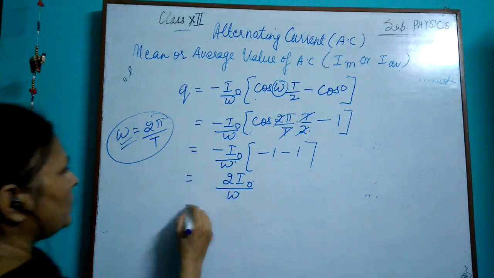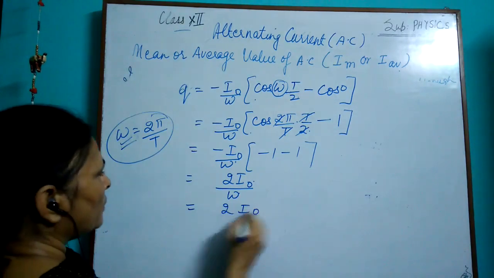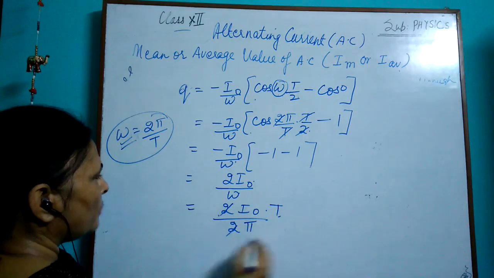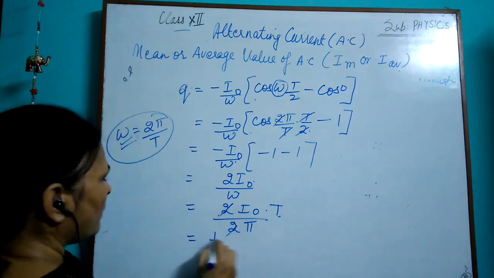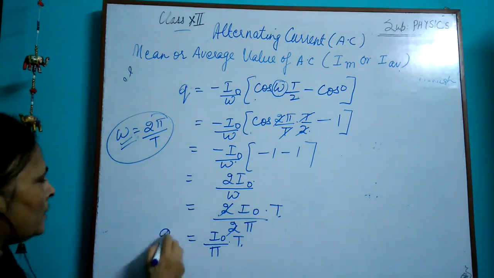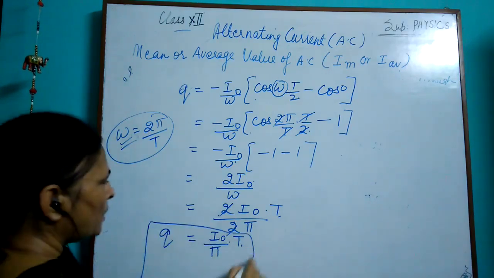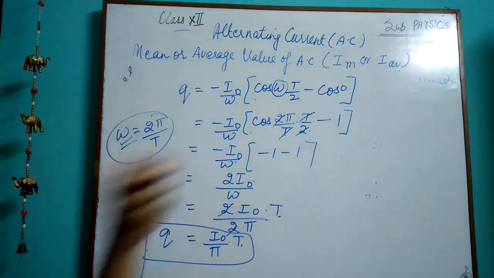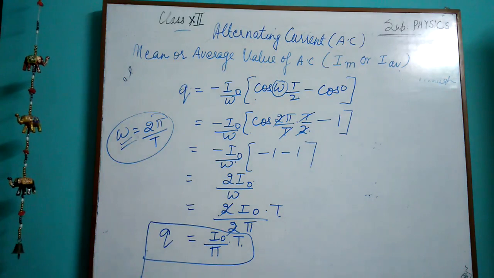And this is further going to give me 2 I naught upon 2 pi into T. 2 and 2 will cancel out. I will be left with I naught upon pi into T. This is my Q, the charge flowing in the AC circuit between time interval 0 to T by 2.